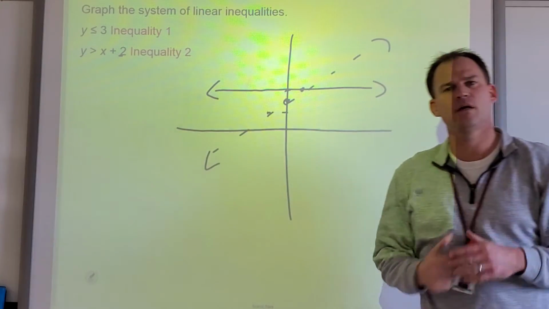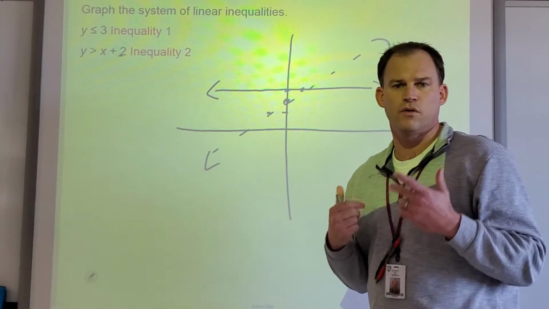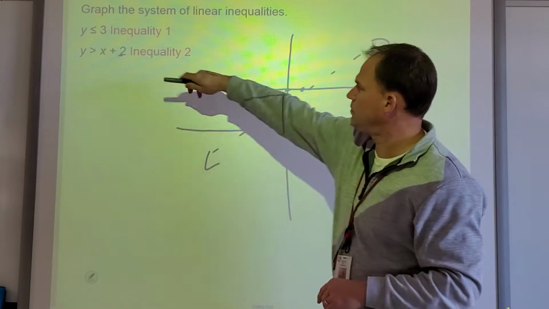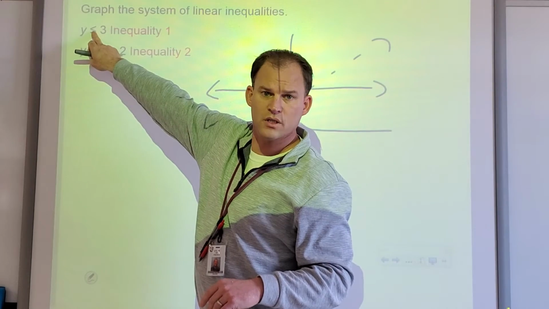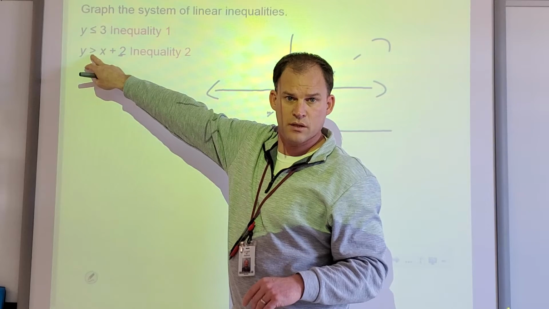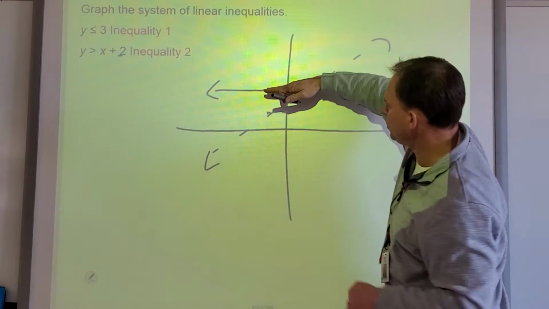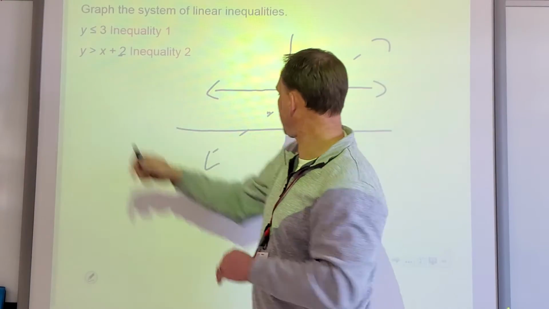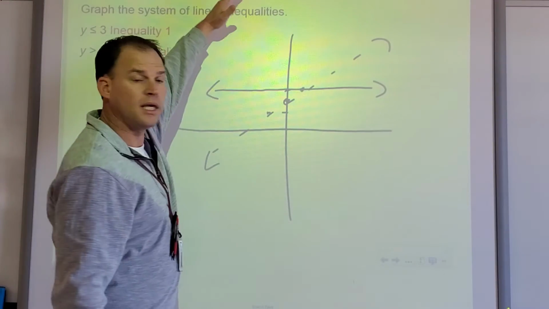All right, so now here comes the part. I have to find the overlapping region. I have to find where this is. So am I above or below this line? Am I above or below this line? So I'm below here, and I am above here.